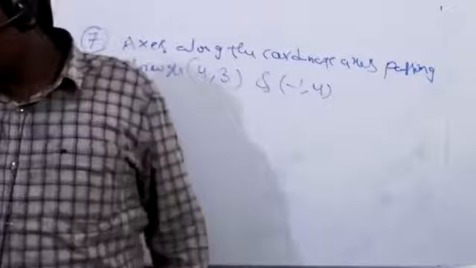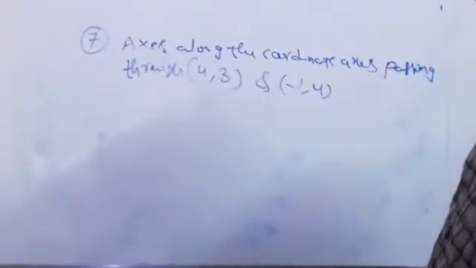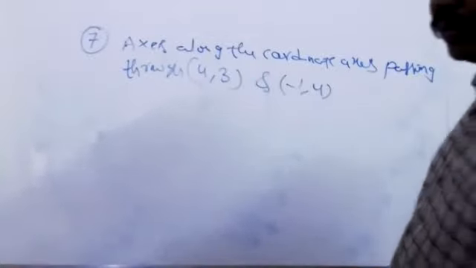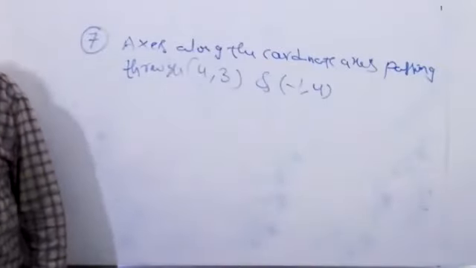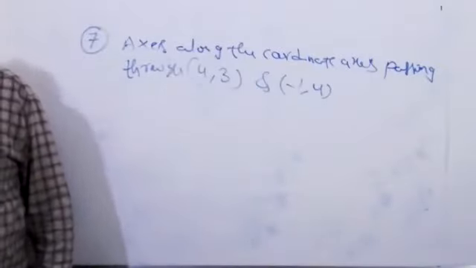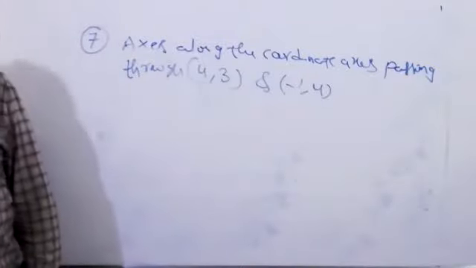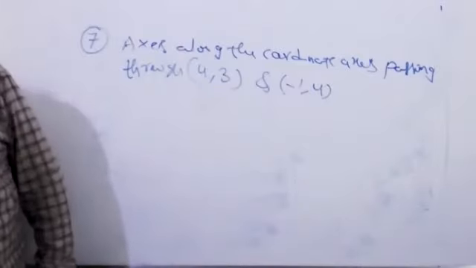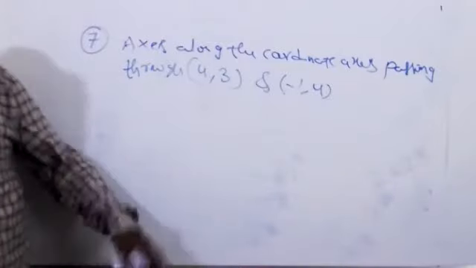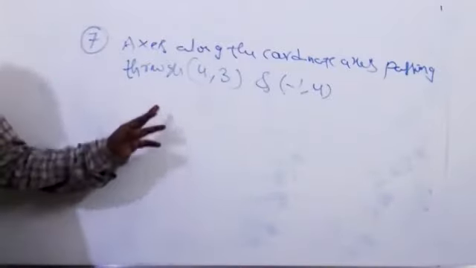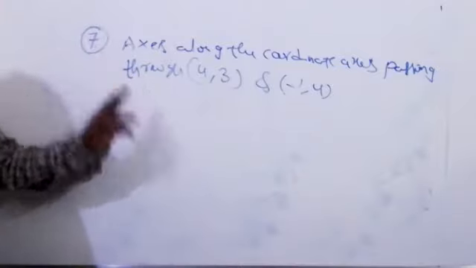Both axes. Axis means along the x-axis and y-axis. So, which is the major axis? Not major. So how do we know which one is the major axis? In the previous problem the major axis was along the y-axis. Over here, there's no major axis. You can consider both the x and y axes to be the axes, not major axis and minor axis.